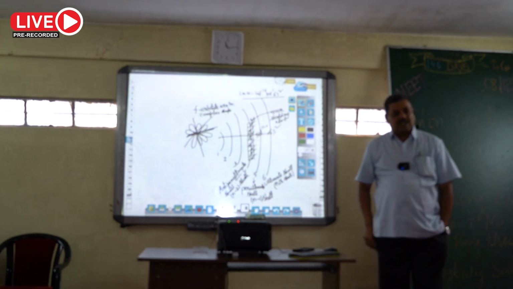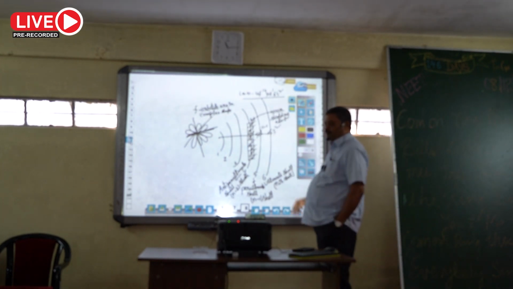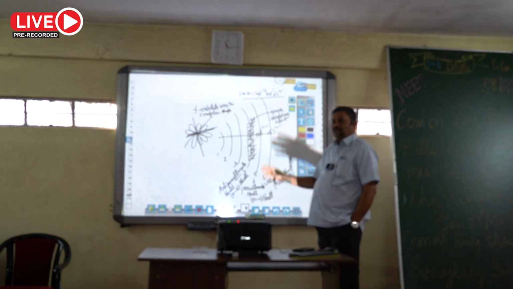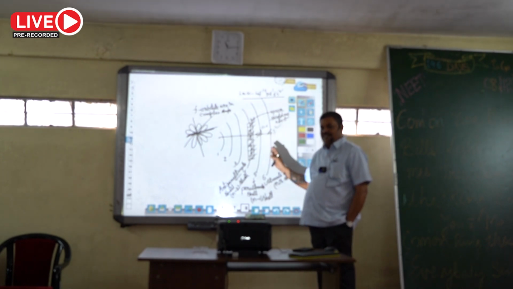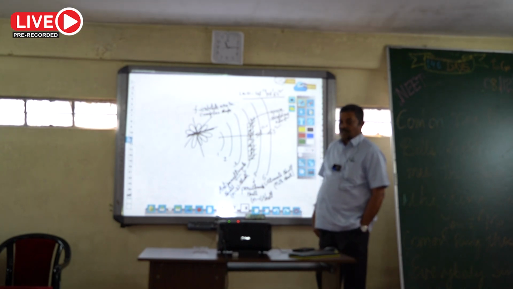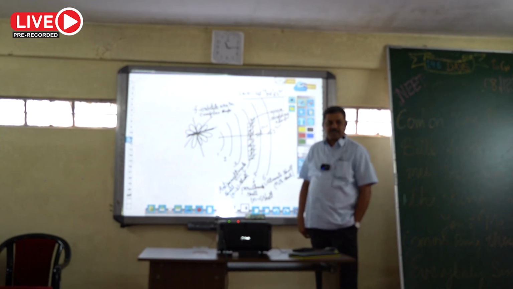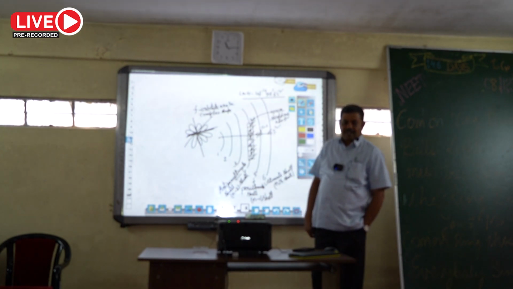Because of this poor shielding effect, the nucleus crosses all the barriers, all the shields, all the screens, and reaches the outermost electrons and strongly attracts them. That's why there is a contraction in size, which we call lanthanoid contraction. But lanthanoid contraction is more pronounced, or more visible, in the tri-positive ions.